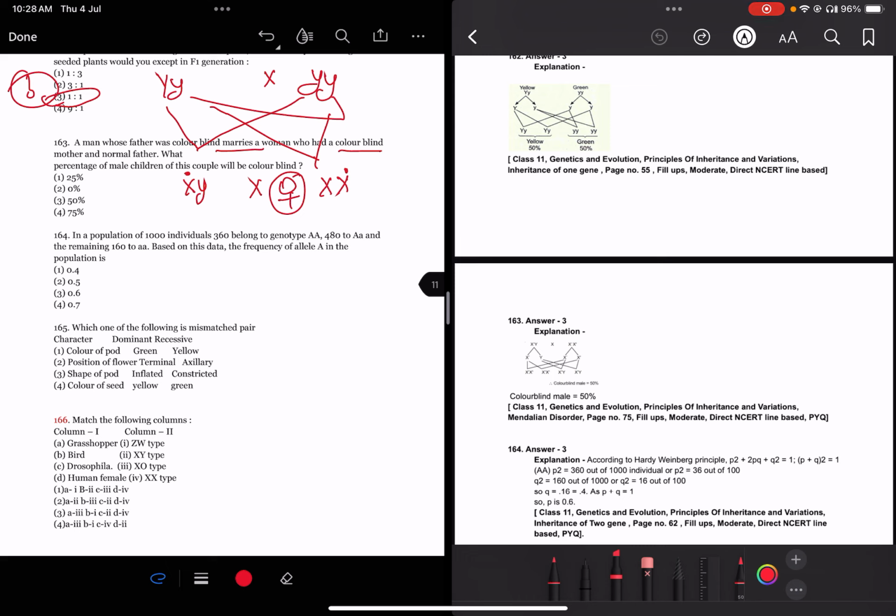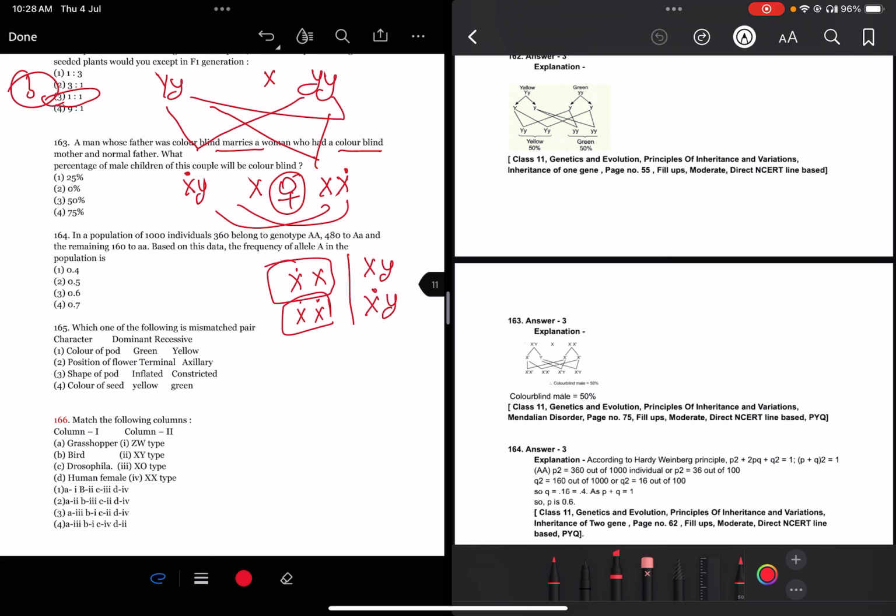Now we are talking about the children. Crossing the X's gives female children, both female. Crossing with the Y gives male children.